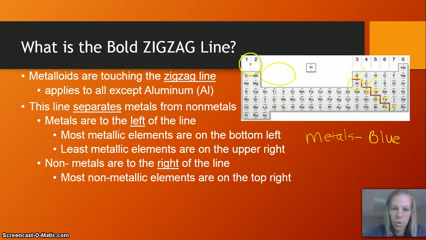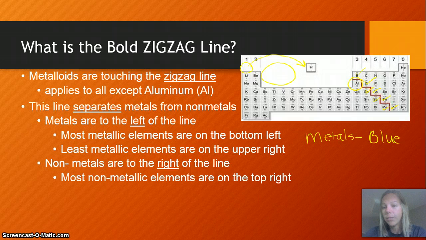Notice that there is one missing element here. Do not color that one in. That missing element on this chart is actually over here, and that is not a metal. So do not color hydrogen blue. But all of these other ones, up until you get to the metalloids, including aluminum, go ahead and color blue.